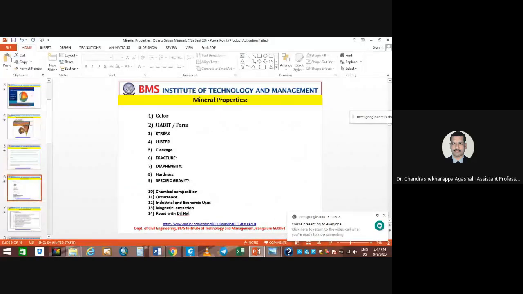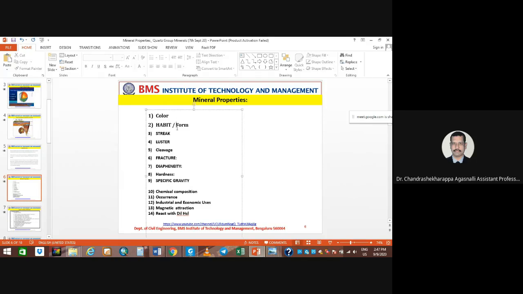In the last class, we discussed all these properties: color, form, streak, luster, cleavage, fracture, affinity, hardness, specific gravity, chemical composition, occurrence, and the industrial and economic uses of the specific mineral. If there are any special characters, like magnetic attraction, or minerals like calcite that react with HCl, hydrochloric acid, note them too.